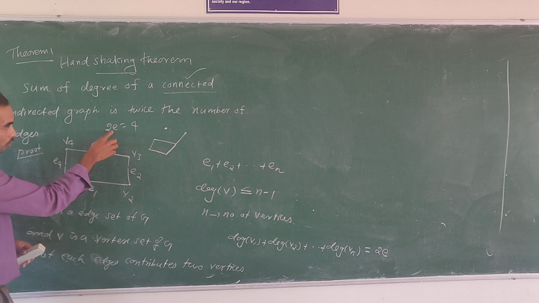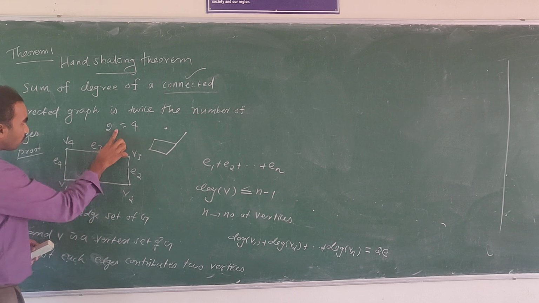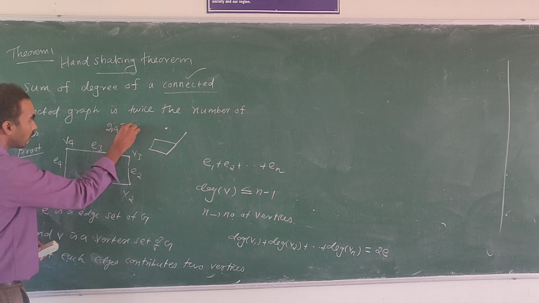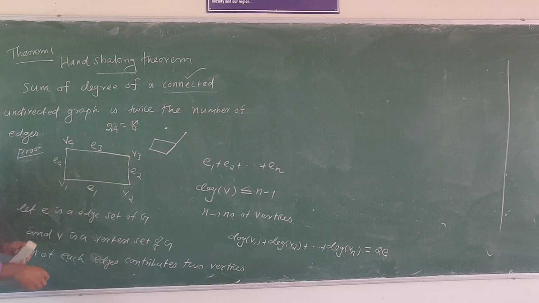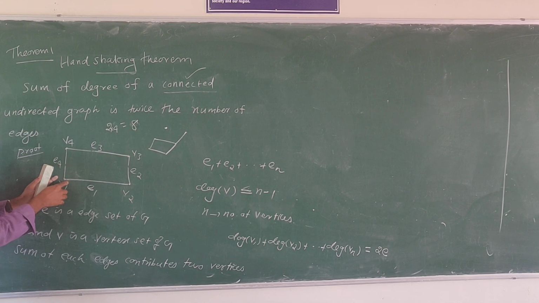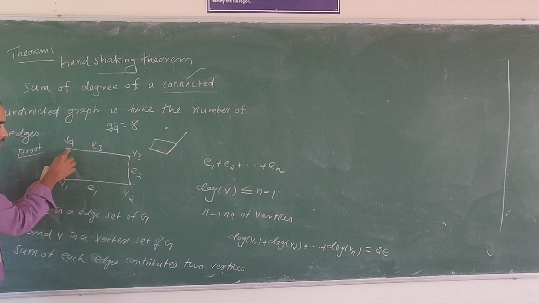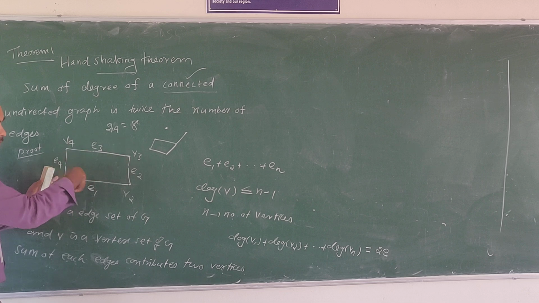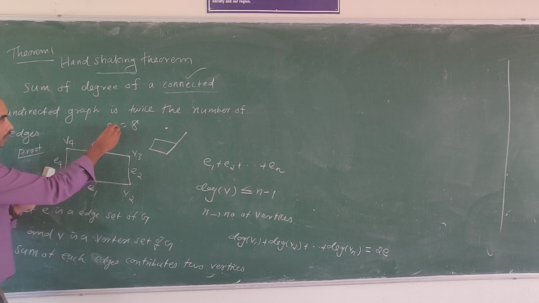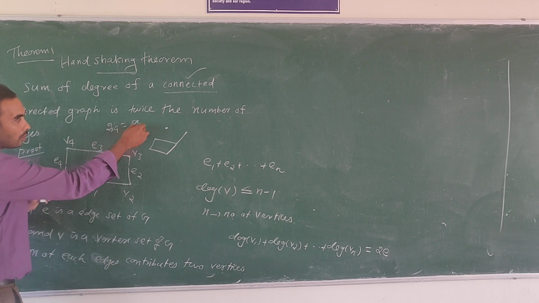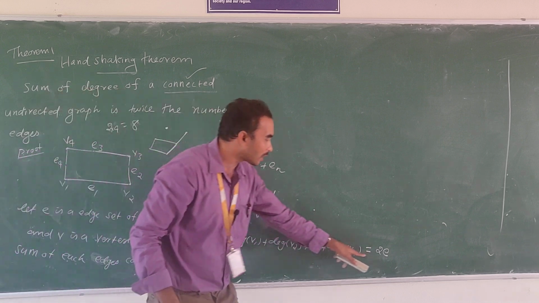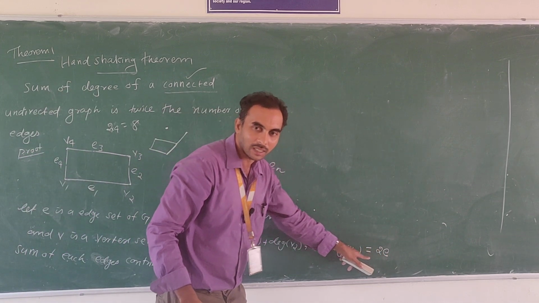So what is 2 into E? E is 4, so we will get 8. What is the sum of the degrees? V1 contributes 2 degrees, V2 contributes 2, V3 contributes 2, V4 contributes 2. So the sum of the degrees equals 2E.